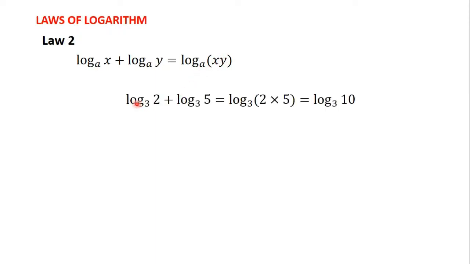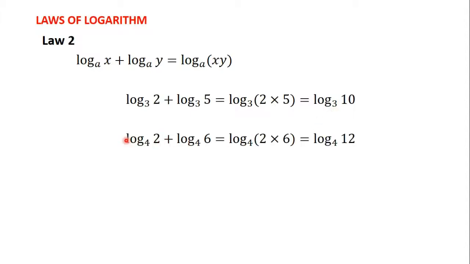This means that if you have log 2 base 3 plus log 5 base 3, because the bases are the same, you write log base 3, then you multiply the numbers. So 2 times 5. This is going to give us log 2 times 5 base 3, which is log 10 base 3.